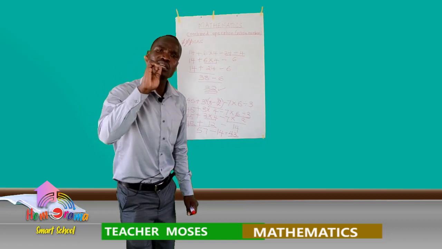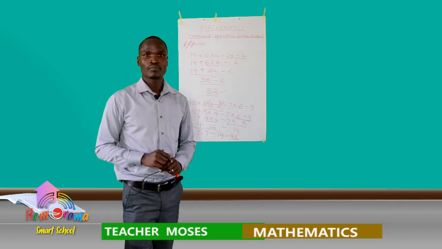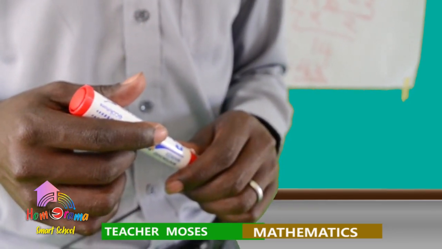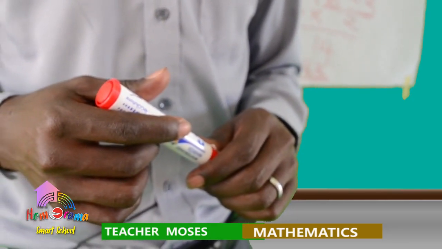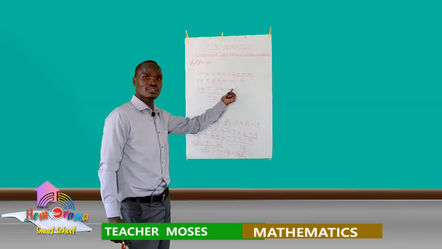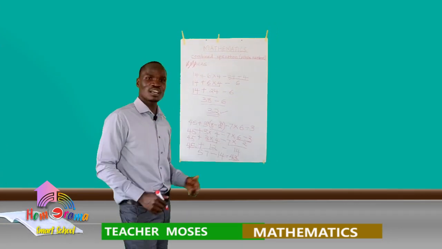If you will not follow the rule, then your answer is going to be wrong. There is a last bit which is always tricky, and I want to explain to you. In our first example, we remained with addition first, then subtraction. In this case also we remained with addition first, then subtraction.